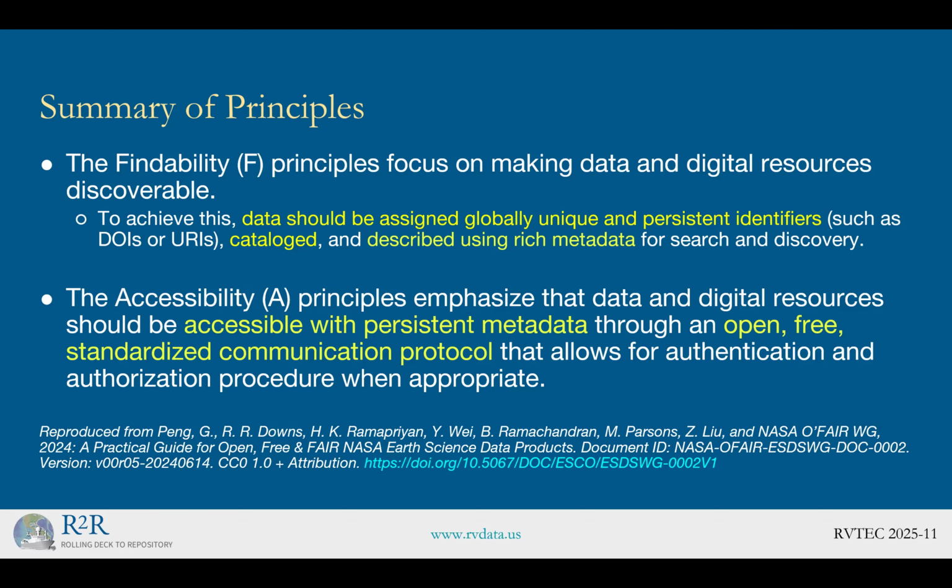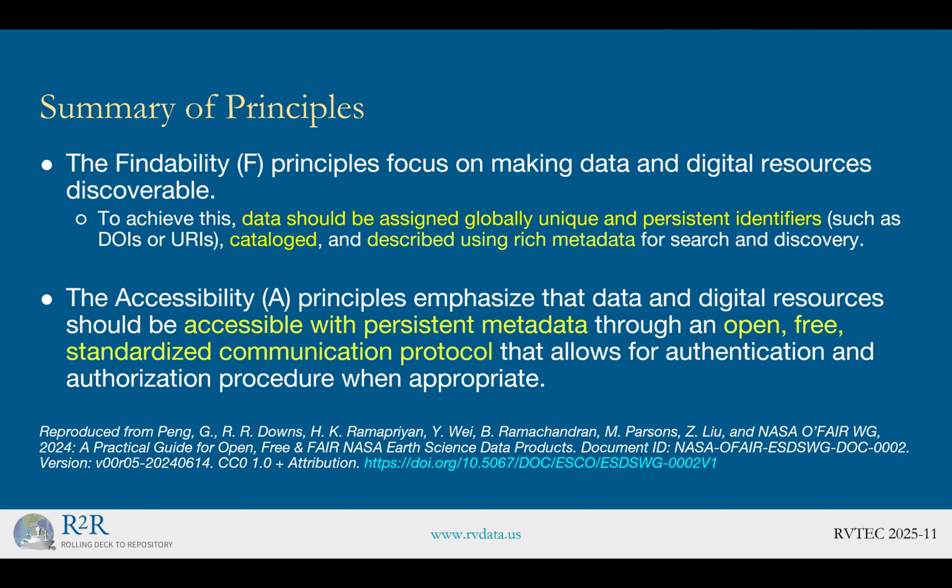The FAIR principles are basically findable, accessible, interoperable, reusable. But what do they mean? When we talk about findability, it has to do with the data set being assigned some kind of persistent identifier, so you can always trace that individual data file or data set. So it can be cataloged and described with really rich metadata.